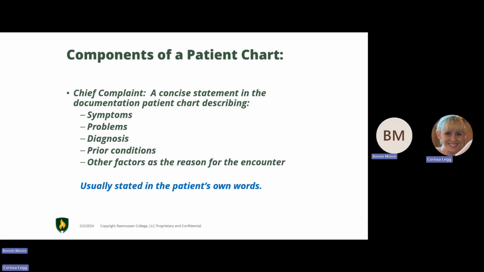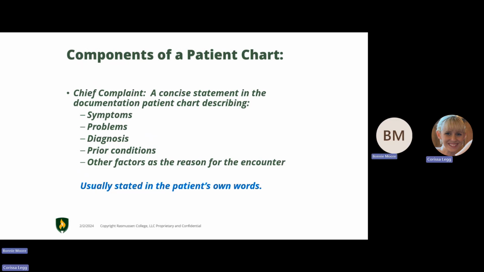So let's look at components of a patient chart. These are usually stated in the patient's own words. It's called a chief complaint. What did they come in with? Why did they schedule this appointment?